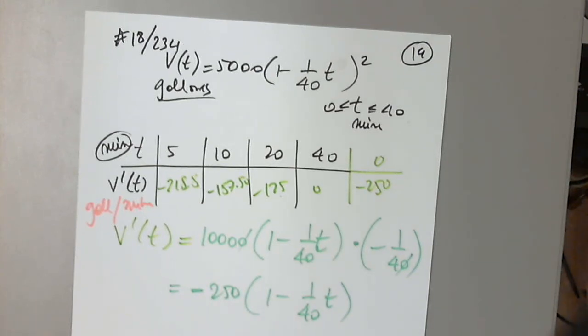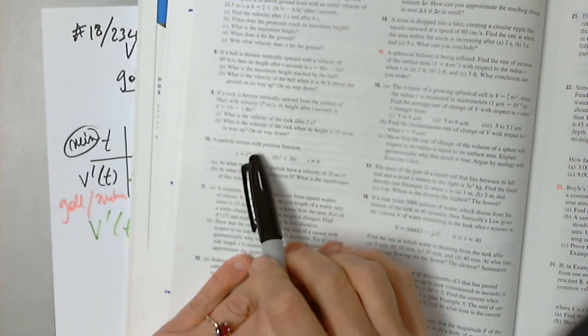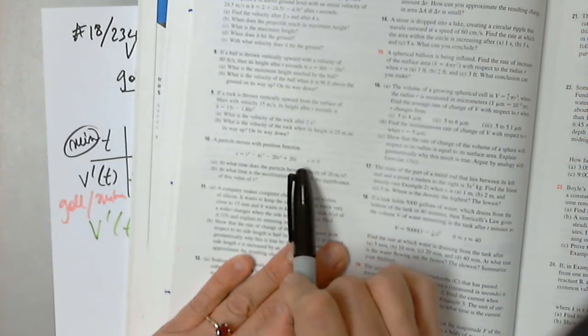Okay, so I know I have 4 minutes left. Let's at least look at two questions, part A and B. Let's take a look at this. That was the shortest I could find. A particle moves with position function, blah, blah, blah.